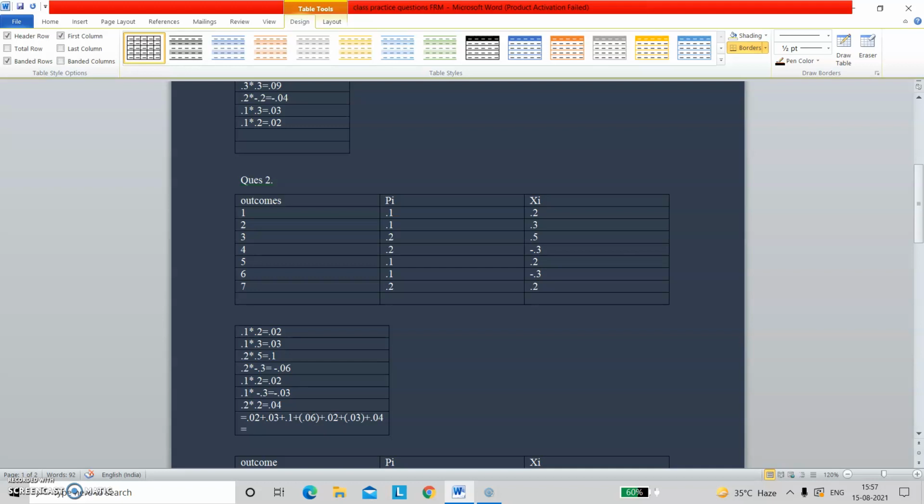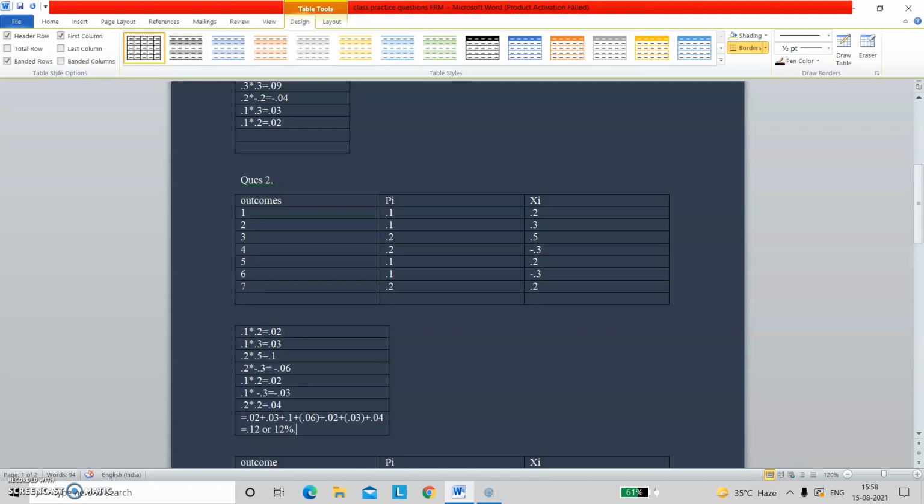0.02 plus 0.03 is 0.05, 0.05 plus 0.1 is 0.15, right? Then plus 0.02 plus 0.04 minus 0.06 minus 0.03. So the answer will be 0.12, or 12%, right?